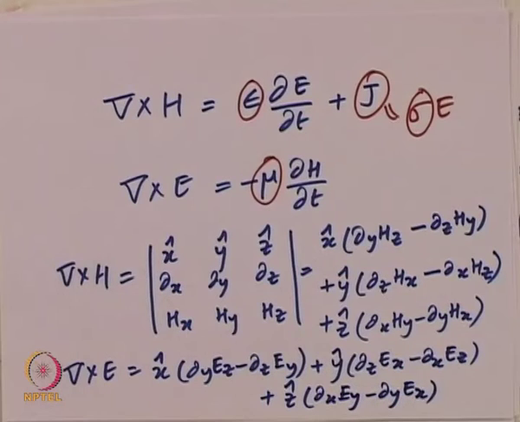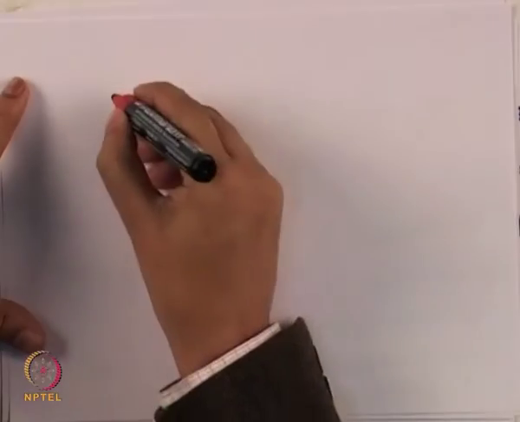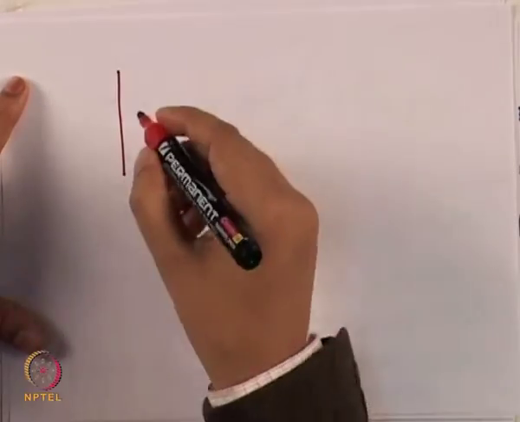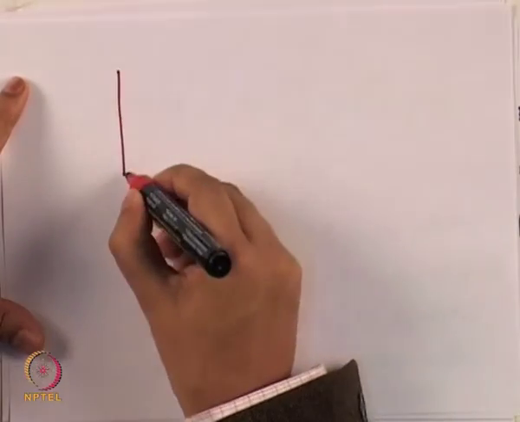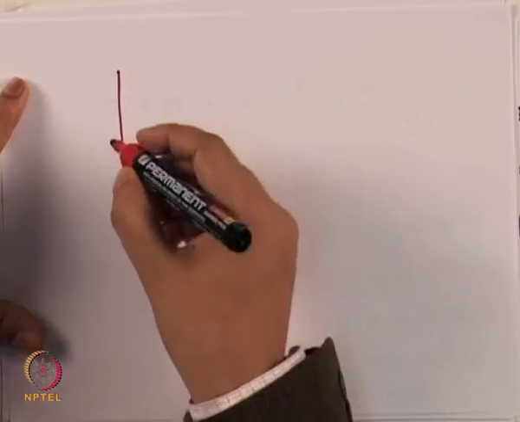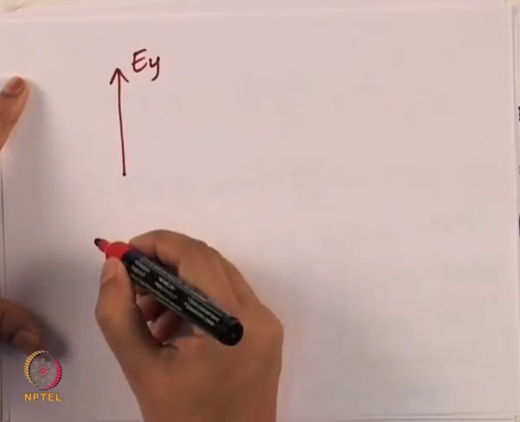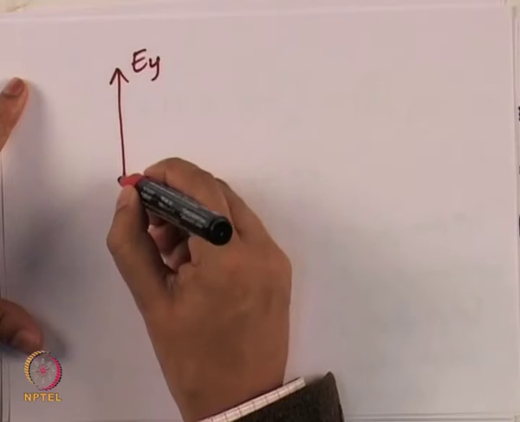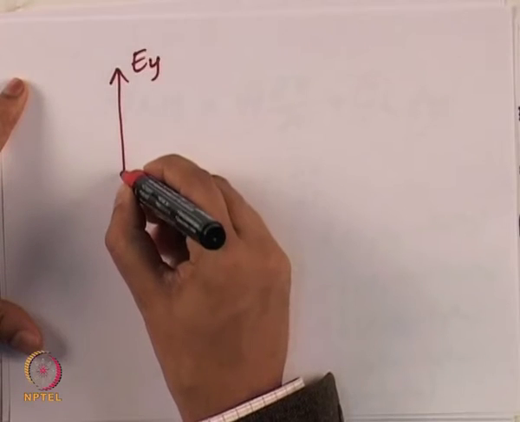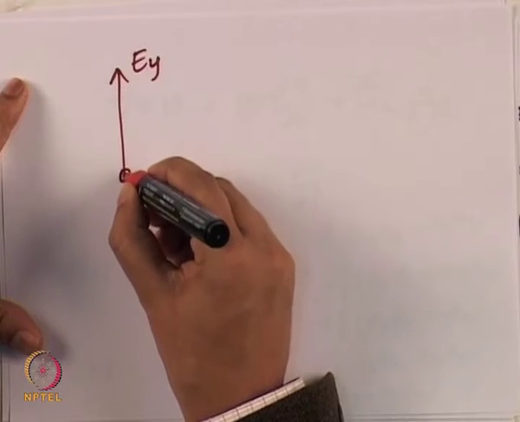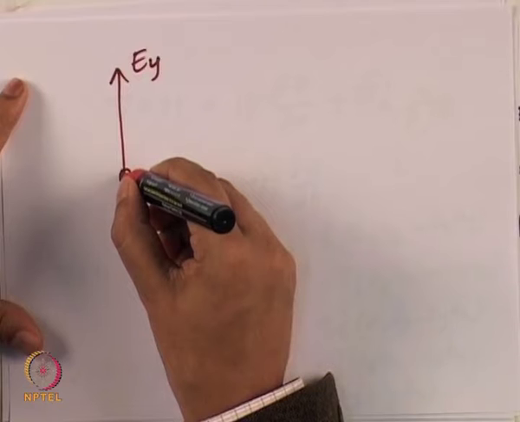In order to cast this problem in one dimension, we are going to make certain assumptions. The assumptions are that our E component is going to have a value only in the y direction, and the z component of the magnetic field is going to be present.